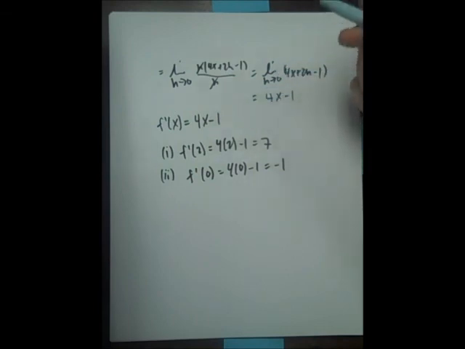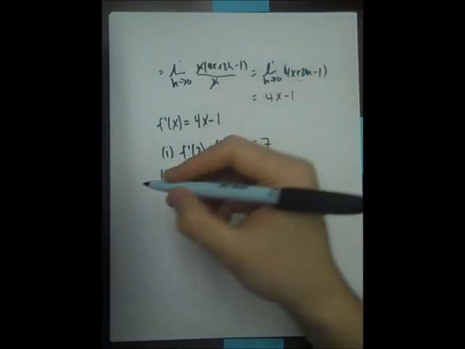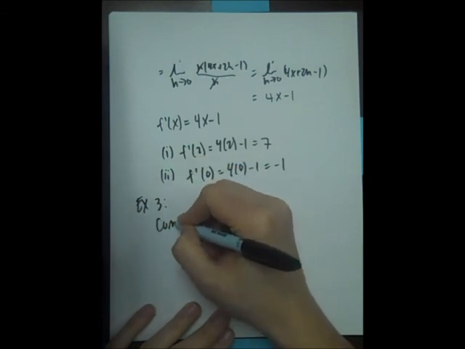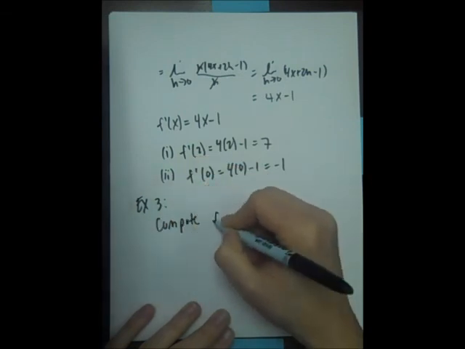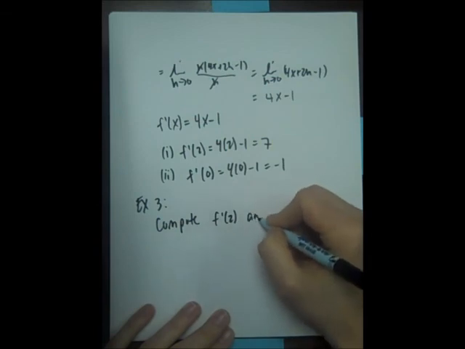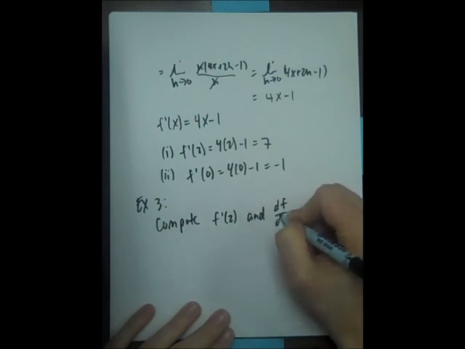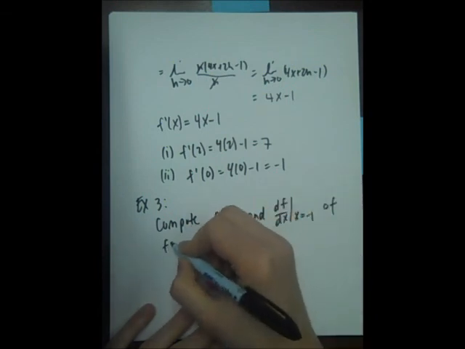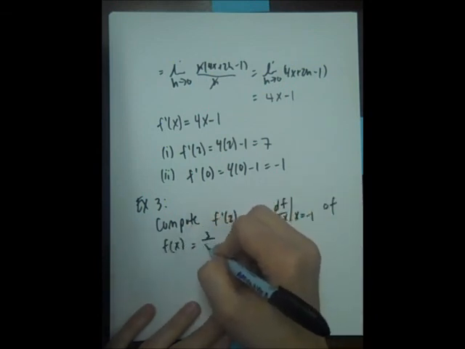So that's how you would find the derivative. Let's do one more. Let's compute f prime of 2 and df/dx at x equals negative 1 of the function f of x, which is 3 over x squared.